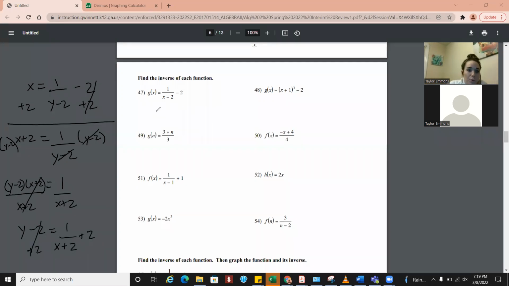So our final answer will be written as the inverse of g of x is equal to 1 over x plus 2, plus 2. Now I know that was a lot of information, so I'm going to give you a second to look that over. Again, the whole point is to switch that x and y and then solve for that y.